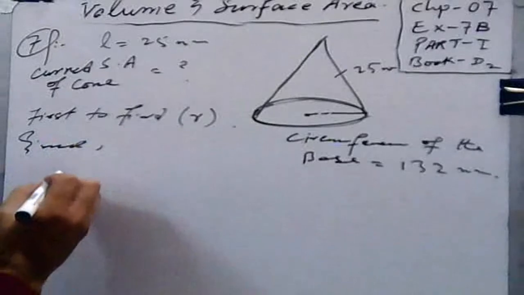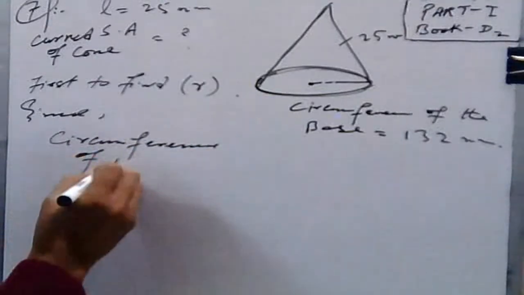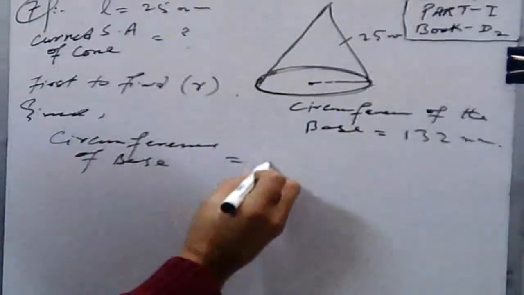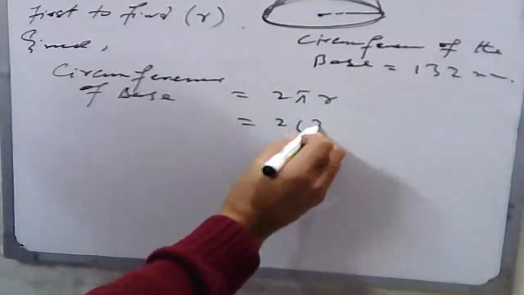Since it is given that circumference of base is equal to 132, we have a formula, that is 2 pi r.